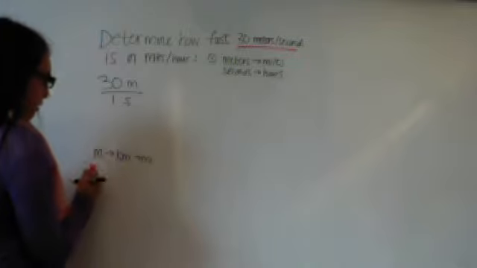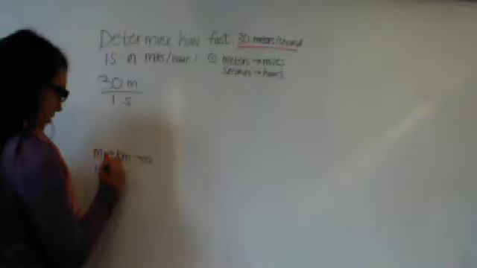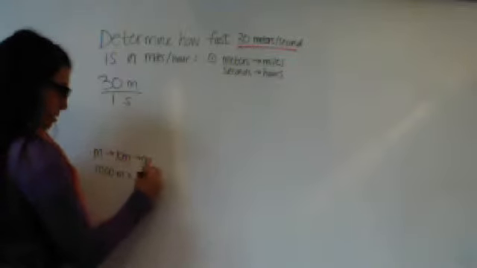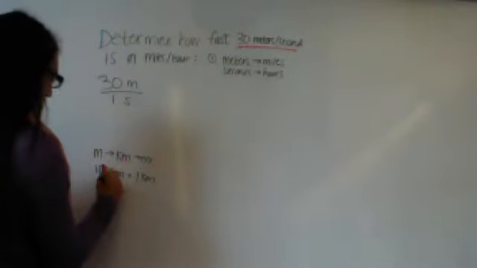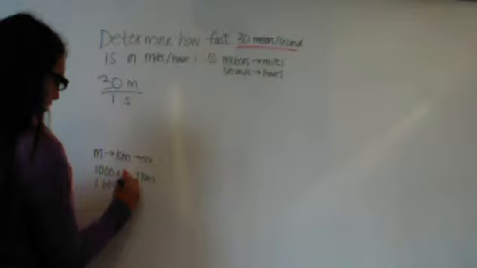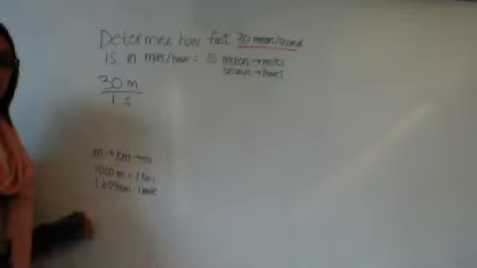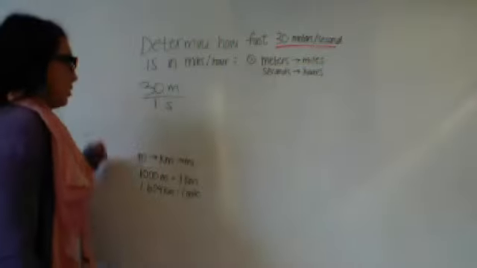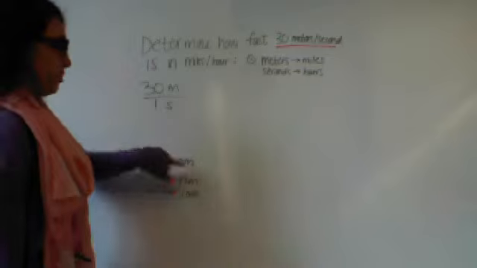We know that 1,000 meters is equal to 1 kilometer, and we know that 1.609 kilometers is equal to 1 mile. So if we know these 2 conversion factors, we can solve this problem. So let's go from meters, convert to kilometers, and then convert to miles.